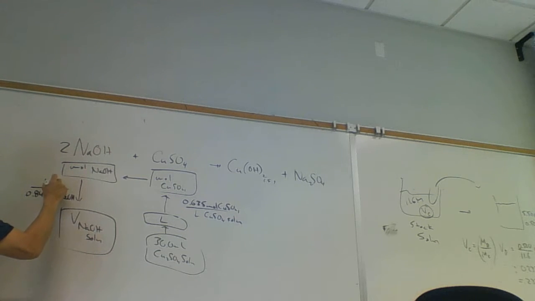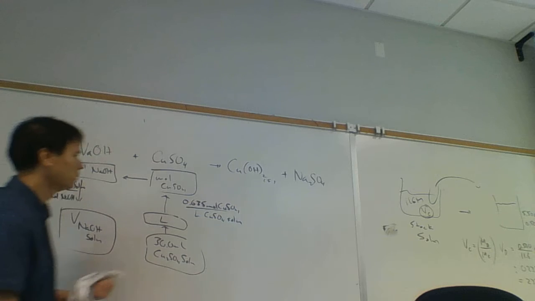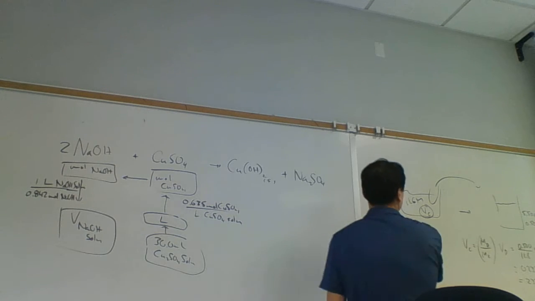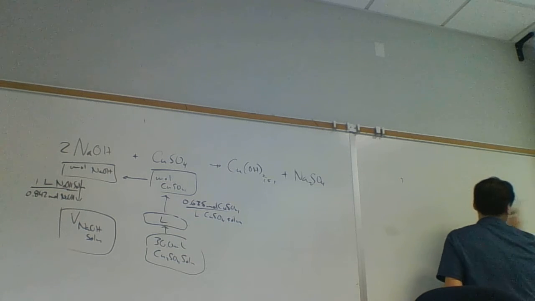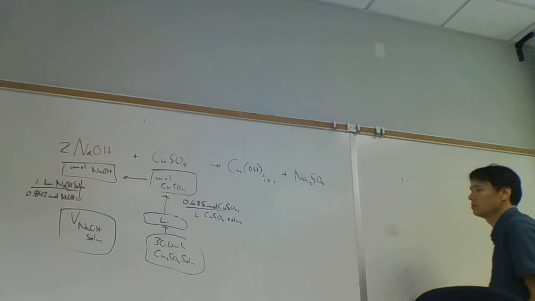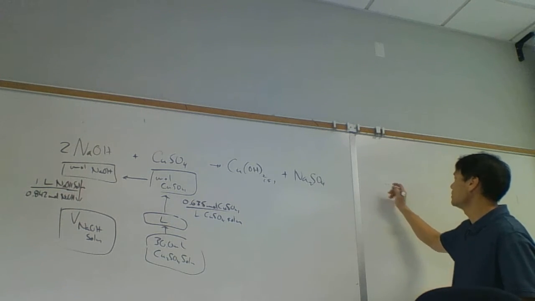This is a liter of sodium hydroxide solution. So I'm going to just take the molarity and flip it upside down here, so I can do a mole to liter conversion. Okay, and then we'll just string it all together as a dimensional analysis problem.